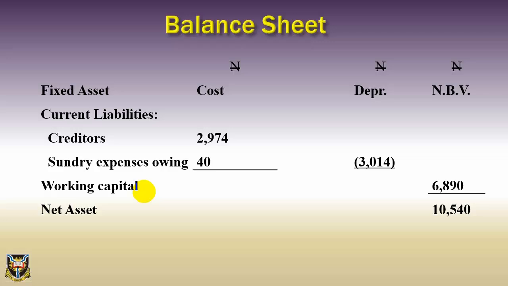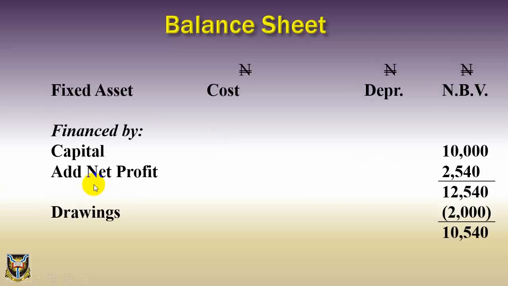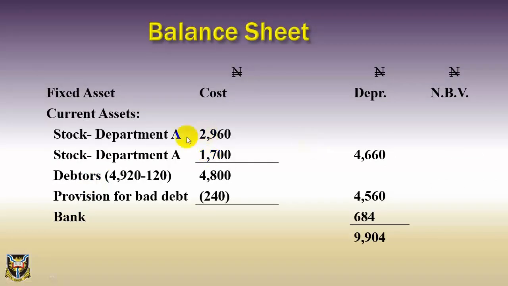Take 3. Current assets. Stock Department A, cost 2,960. Stock Department B, 1,700. Stock total 4,660.